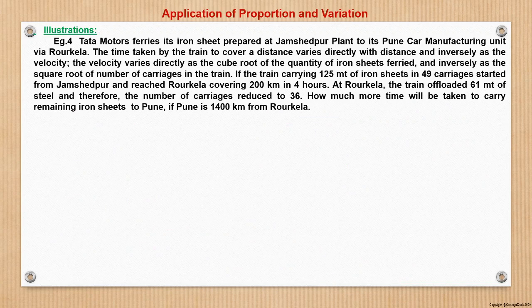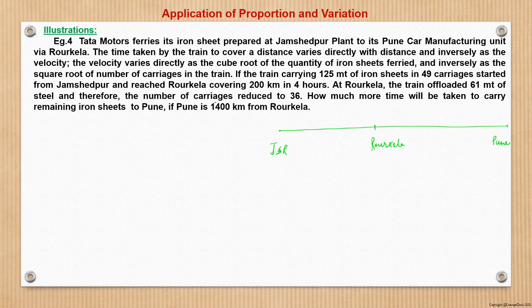Now going forward to question number 4, here Tata Motors ferries its iron sheet prepared at Jamshedpur plant to its Pune car manufacturing unit via Rourkela. So means there is Jamshedpur somewhere here, somewhere here is Pune, and in between would be a place called Rourkela, right?